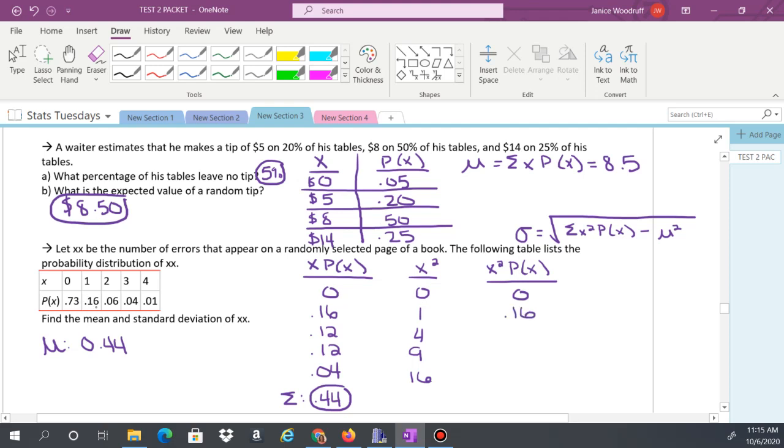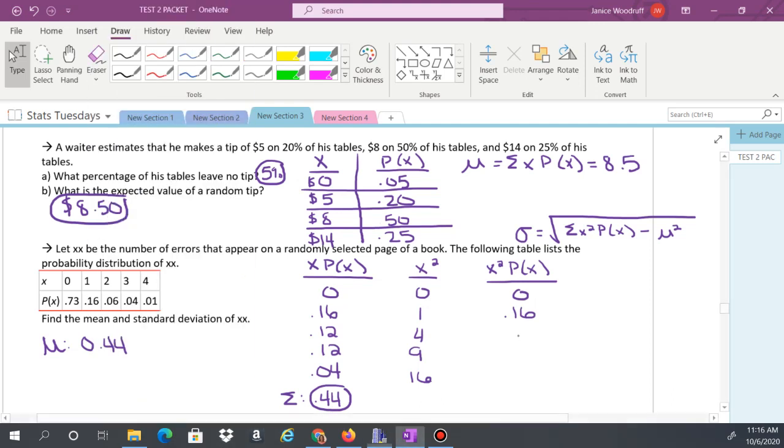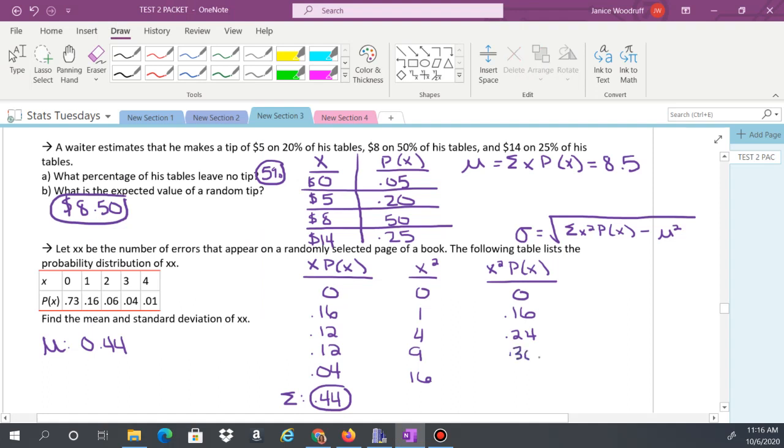Then 4 times 0.06 is 0.24. 9 times 0.04 is 0.36. And then 16 times 0.01 is 0.16.